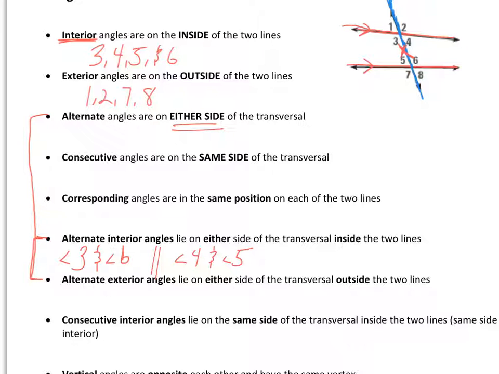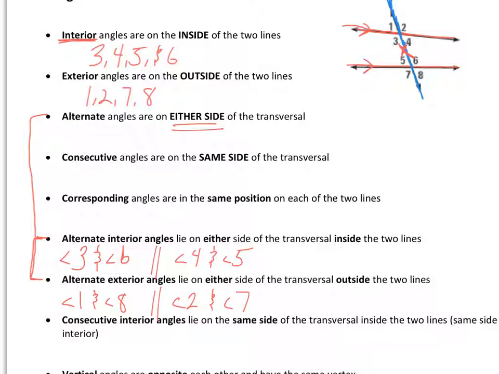However, angle 1 and angle 8 would be. And then we also have the other two angles, which are angle 2 and angle 7. I'm making very sloppy angle signs. Please forgive me. All right, so those are alternate interior, alternate exterior.